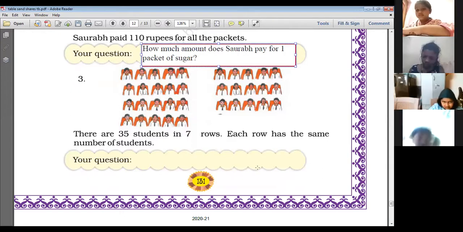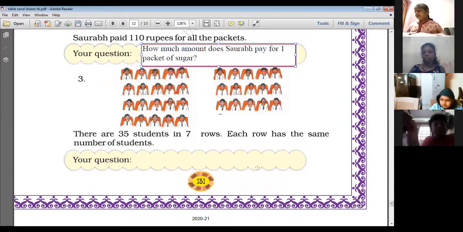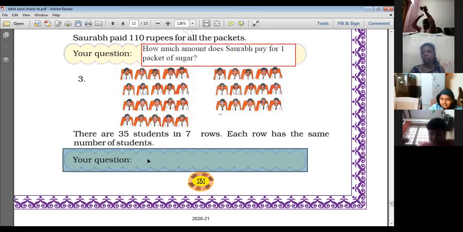Ma'am, can I read the next question? There are 35 students in 7 rows. Each row has the same number of students. So now make your question here.